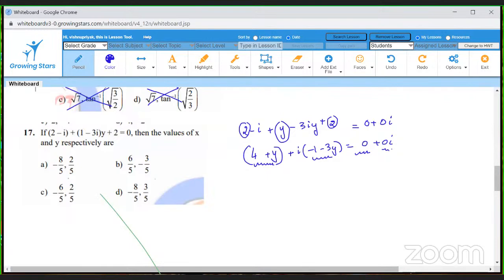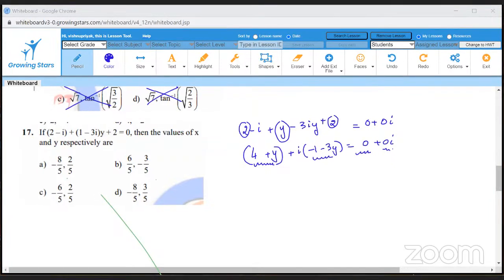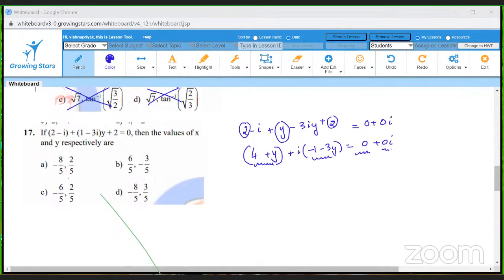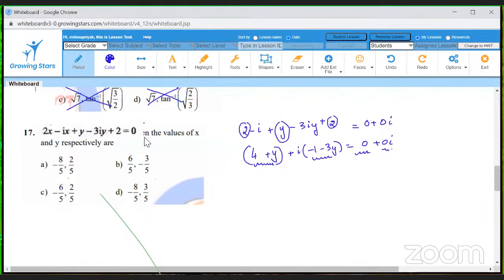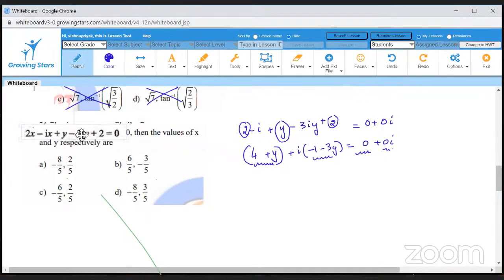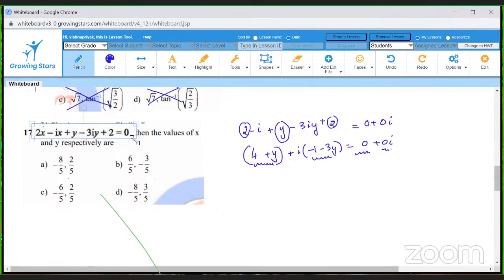This is what you have to do. There is no x here in the question. So it must be like this. I am putting the question back. This is the question, Swati. Printing mistake.